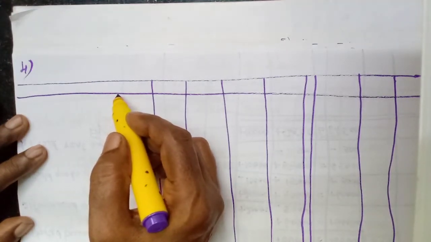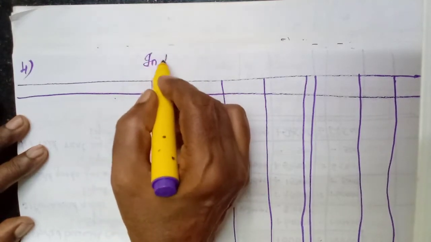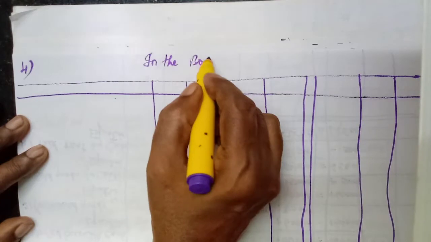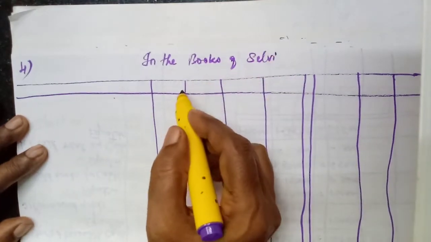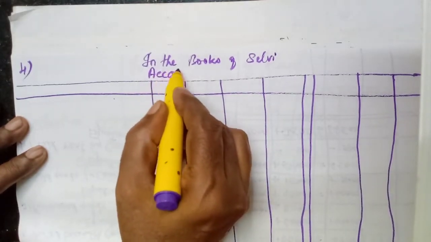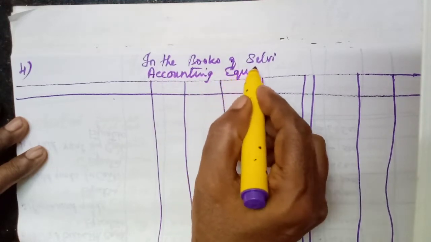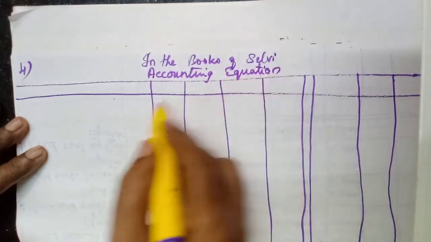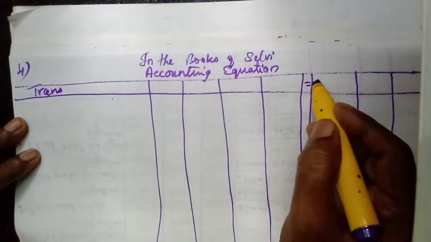Selvi is a dealer in furniture, so you have to write in the books of Selvi. Then we should write the accounting equation heading. I have drawn the lines, otherwise it is a waste of time. Now you have to write the transactions.